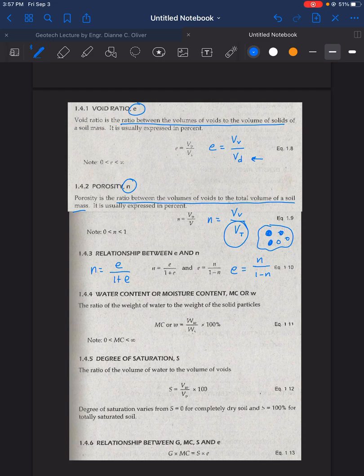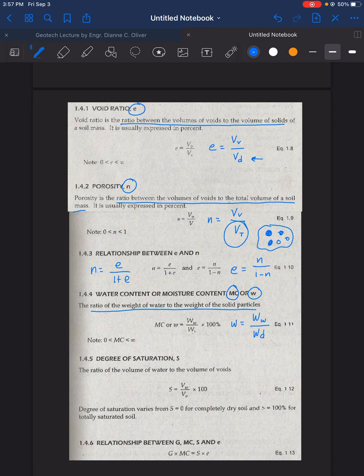Now let's go to the next one. We have the water content or moisture content. Same, and it has the symbols MC or w. Now for water content or moisture content, it is the ratio of the weight of water to the weight of the solid particles. So we have here the moisture content is equal to the weight of water over the weight of the solids, or the weight dry.